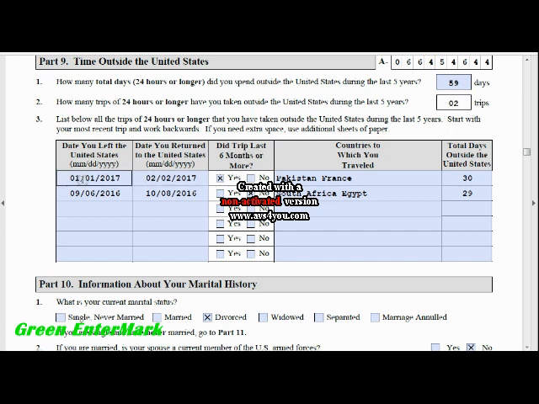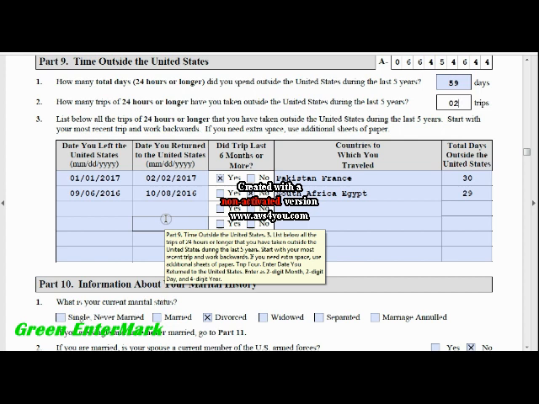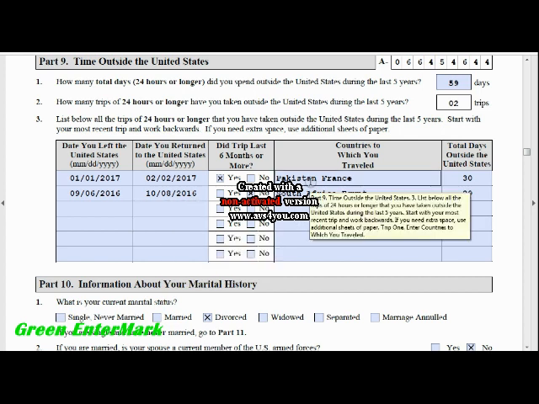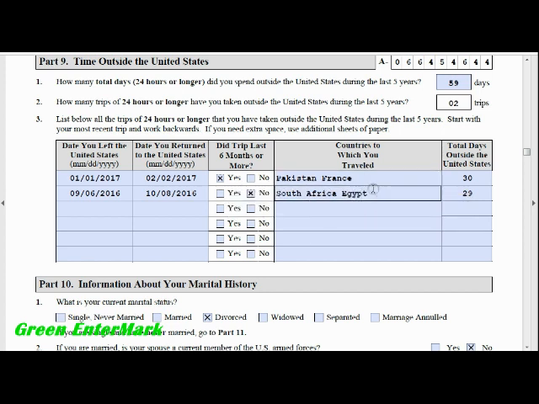You have to mention in this table, first of all, the last trip, then the older one, and after that it goes on for all the trips which you took in the last 5 years. Okay, then the countries to which you went, and also the days which you spent there.